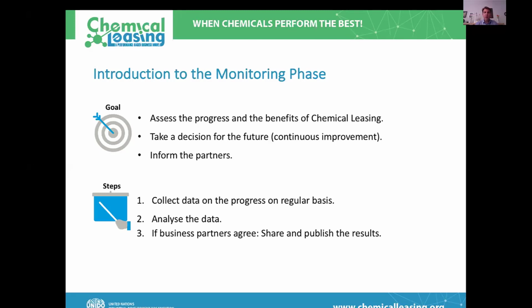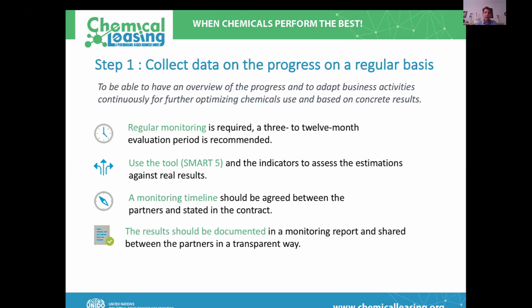The steps are very logical. You have to collect data, you have to analyze them, and if the business partners agree, you can share and publish results. The first step is to collect data on a regular basis.